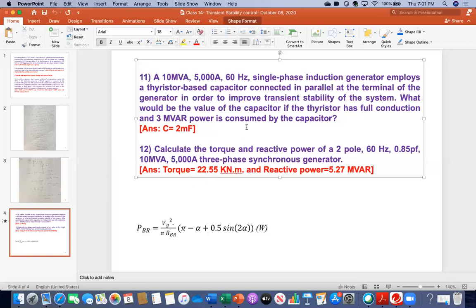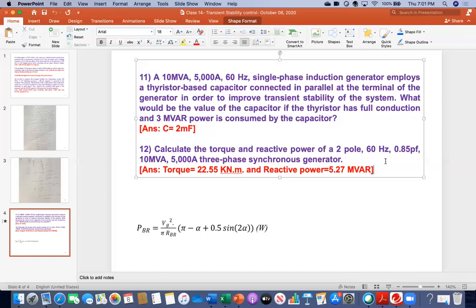So you understood the process, right? The torque equals power over angular speed omega. From this information, 0.85 is the power factor, multiplied by 10 MVA, that will give your power P in megawatt.